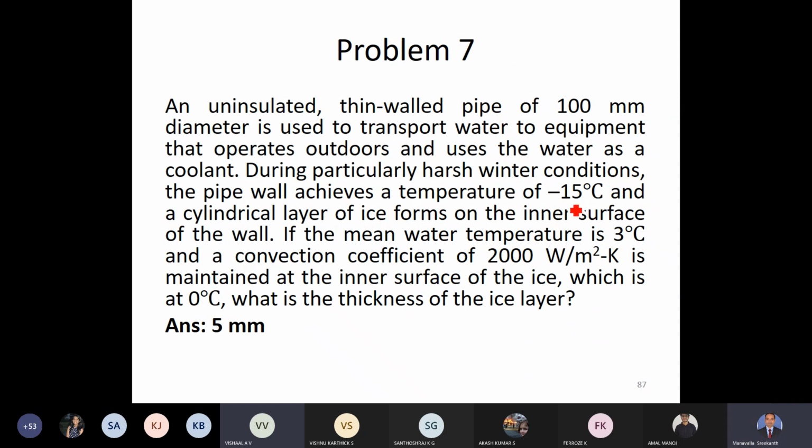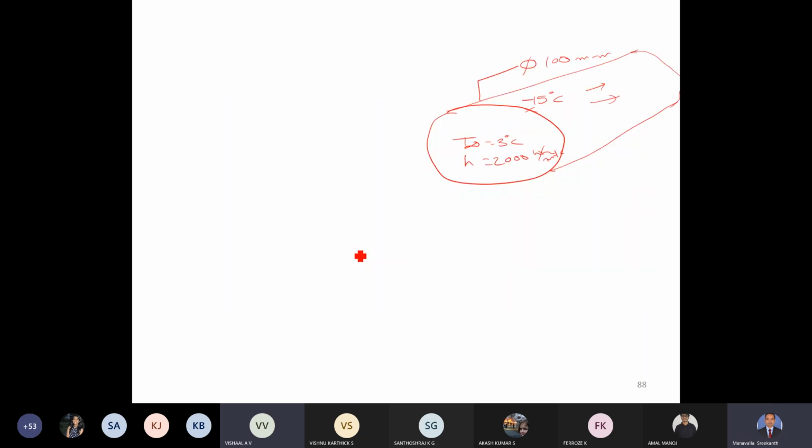So water is flowing at 3 degrees Celsius, and what is happening is a cylindrical layer of ice forms on the inner surface of the wall, and it is freezing. You see, in this core, liquid water is flowing at 3 degrees Celsius. But what is happening here? On the surface, the temperature is minus 15. So here the water temperature is above zero, and the surface temperature of this pipe is below zero.